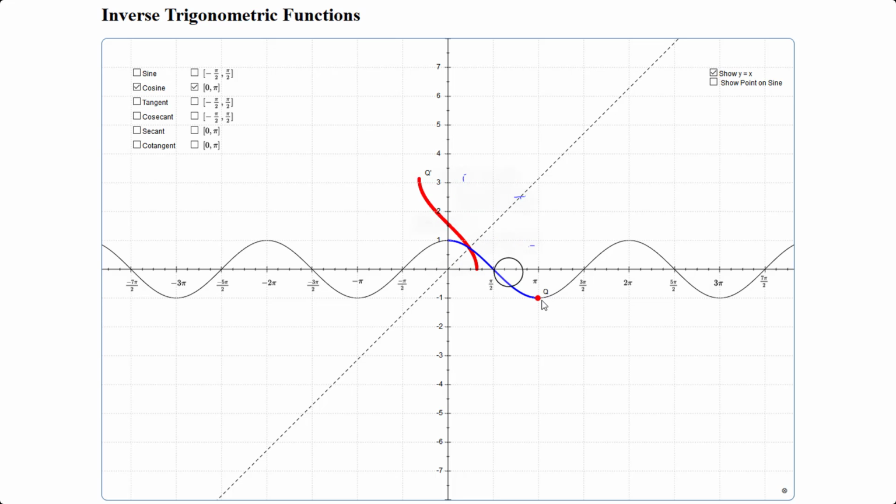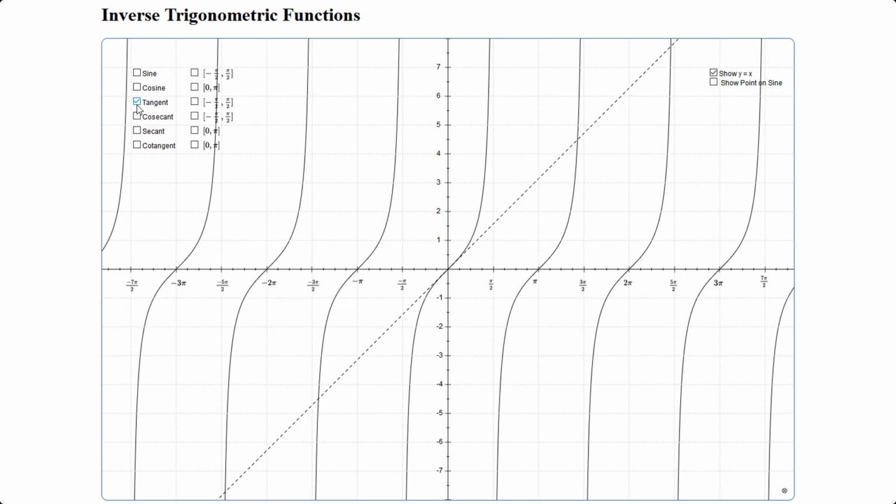Now the other trig functions we'll go through rather quickly here because the concept is basically the same, but I do want you to see the graphs of these. So for tangent, this is what the graph looks like. The restriction is from negative pi over 2 to pi over 2.